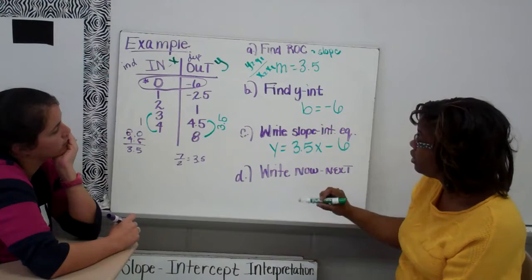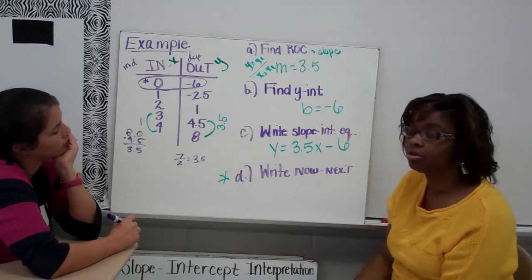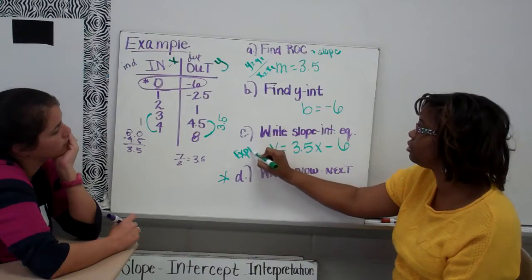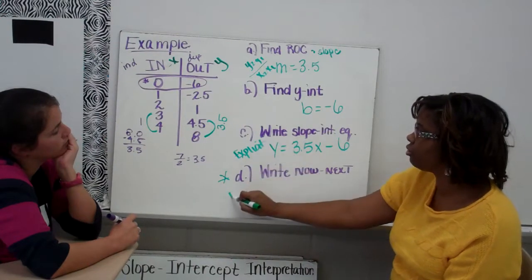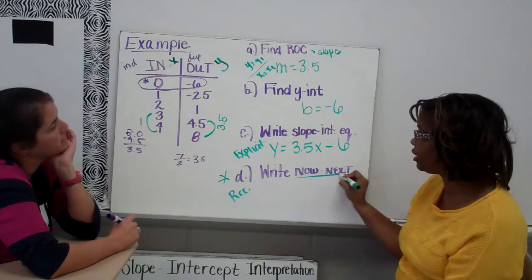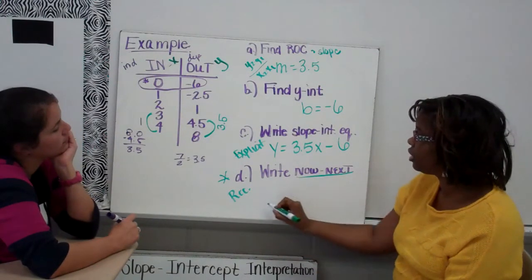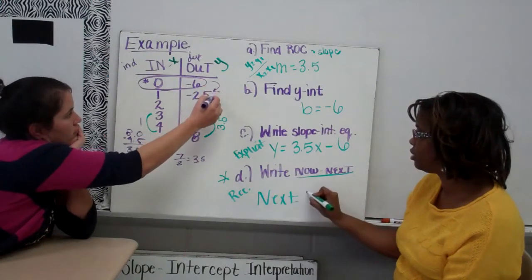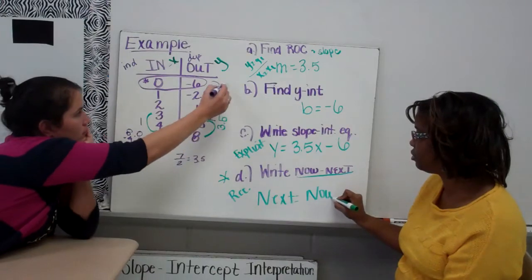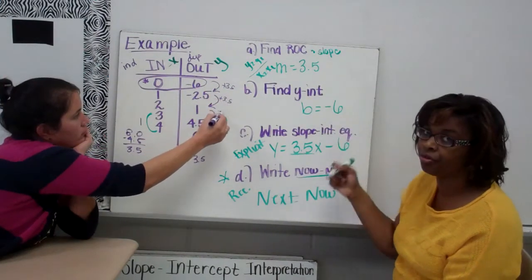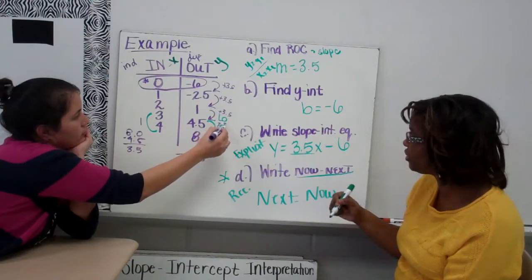Now, this is the part that's new, going from your explicit to your recursive. Recursive, again, is your now next equation. So, it's going to be next equals, now, this is how much it's changing every time. We're adding 3.5 to get to the next number every time.